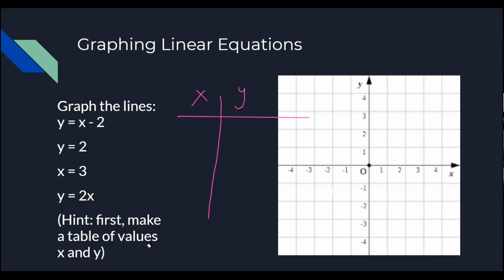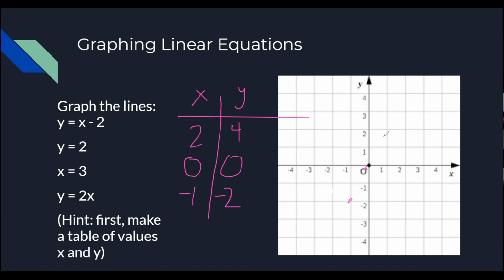Did you say x is 4, y is 2? y is 4, x is 2. Yeah, so when x equals 2, then y is 2 times 2, which is 4. Right? How about when x is 0? Then y is 0. Yes. How about when x is -1? If x is -1, then y is -2.